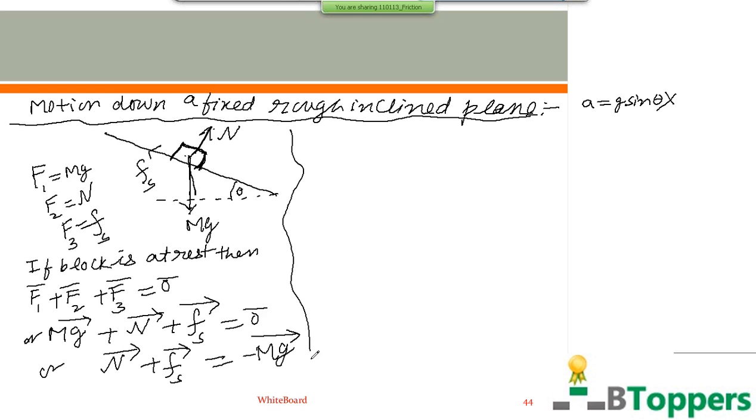That means when the block is at rest on the inclined plane under the action of gravity and the contact force by the inclined plane, then the total reaction force on the block by the inclined plane in vector form can be written as minus mg bar. The weight mg of the block acts vertically downwards.